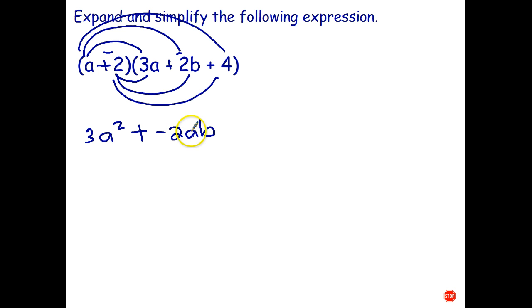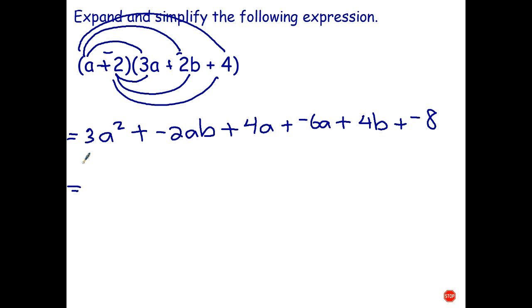Write the number first, and then the letters in alphabetical order, plus a times 4 is 4a, plus, now we multiply negative 2 times 3a, which is negative 6a, plus negative 2 times negative 2b is positive 4b, and plus negative 2 times 4 is negative 8. So altogether, we've ended up with 6 terms.